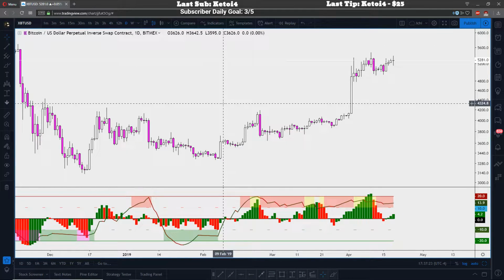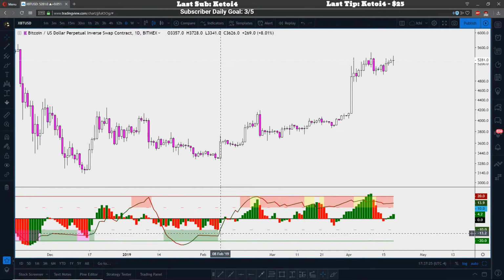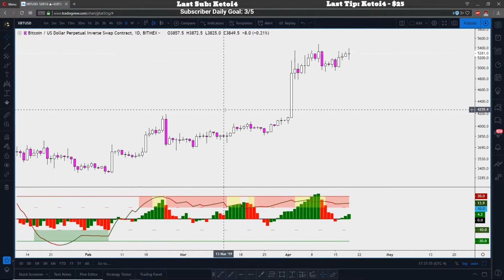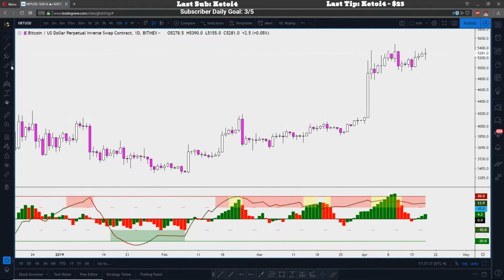You want the trend line, the actual line, and the histogram to be trending in the same direction with price. So for example, obviously the histogram is always going to be choppier because it's a very fast histogram. It only looks back 3 candles.